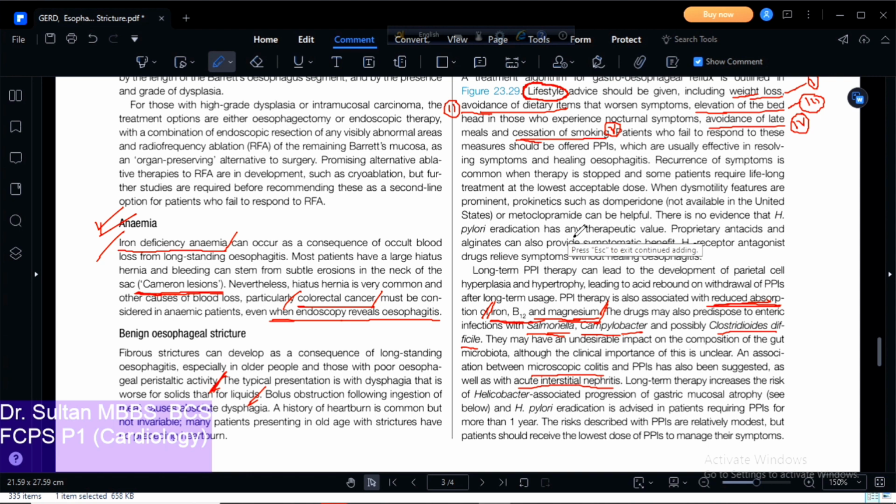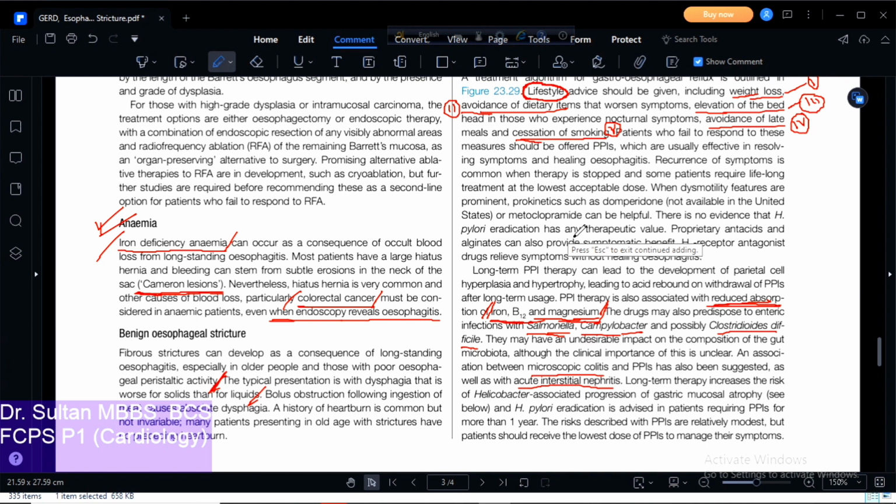Nowadays the PPI is a very common medicine, and people frequently take PPI as per need. So these are the important conditions that can occur with long-term PPI therapy.